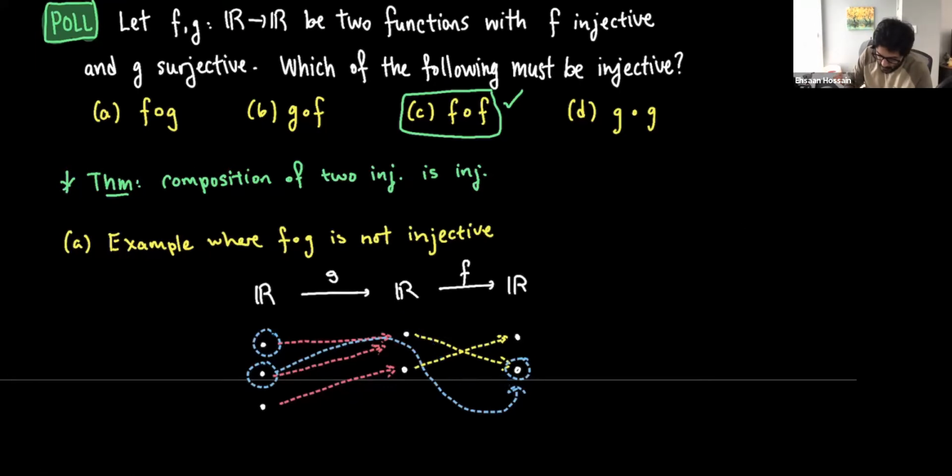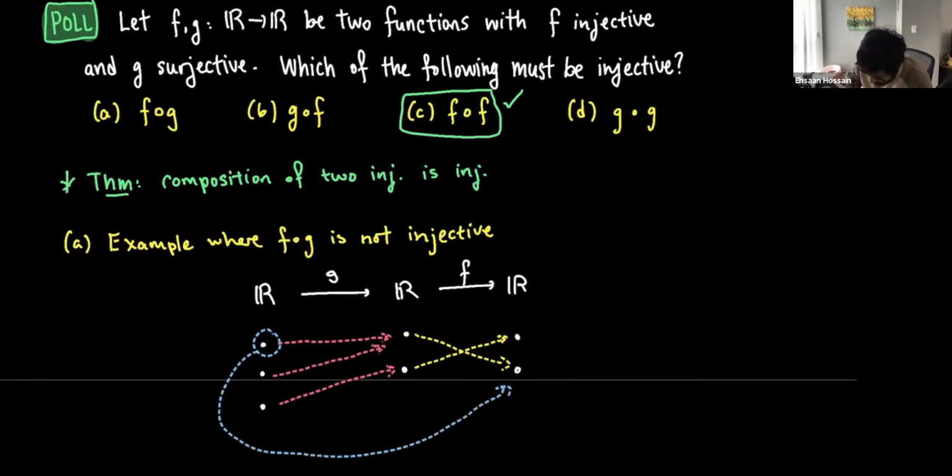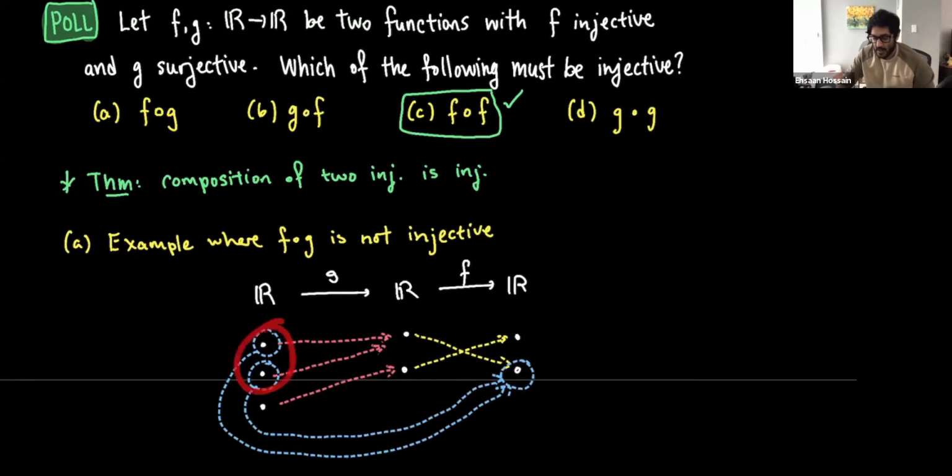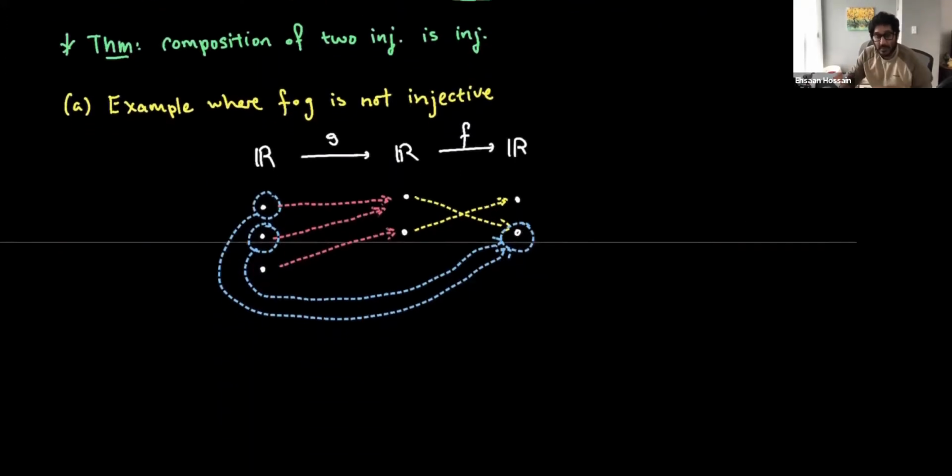And I know this diagram is crazy, so maybe I'll try to make it less crazy. These two points go to the same place under f∘g, but can we give a specific example? This is actually a little bit tricky. I have an example in mind, but I think it's going to be tricky.